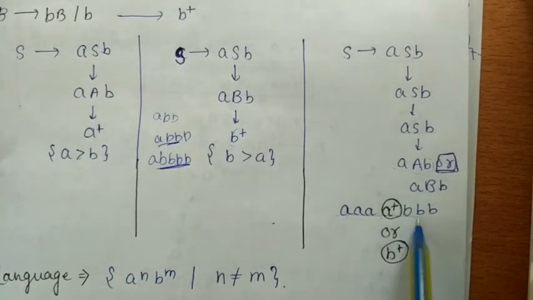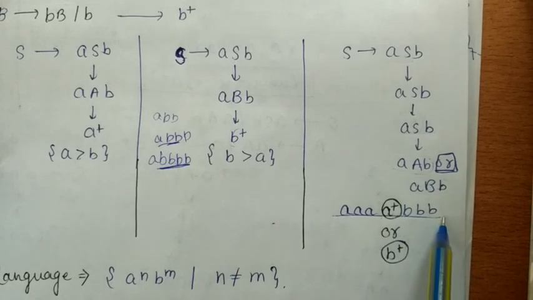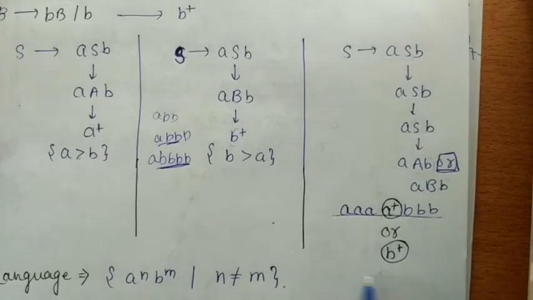So either the string will have more A's, or it will have more B's.